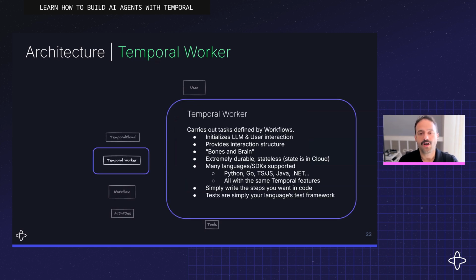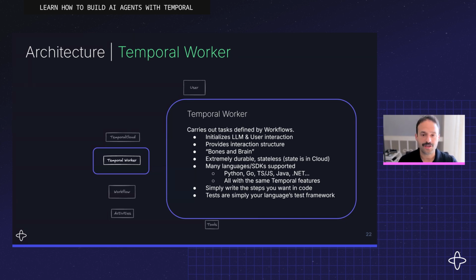Temporal workers are what actually perform the tasks that you define in your workflows. So the reason we draw a distinction here is your code doesn't run on Temporal Cloud. Temporal Cloud just hosts the orchestrator and the persistence layer. The Temporal workers are what actually perform the steps that you define. And so you can scale those, you can host those on your own infrastructure.